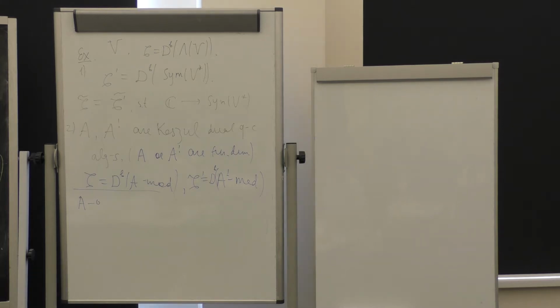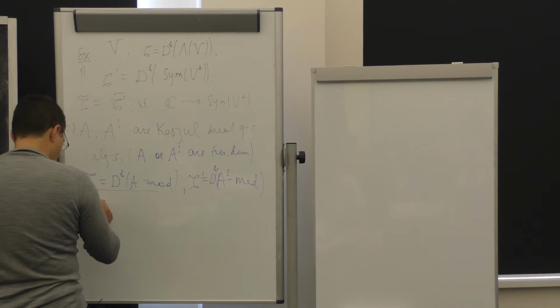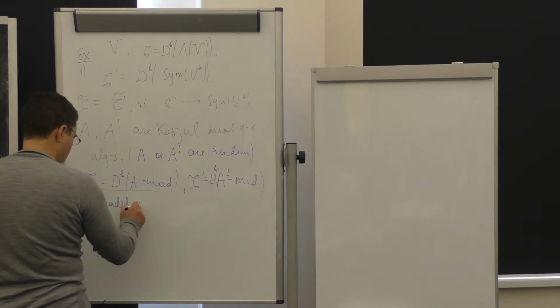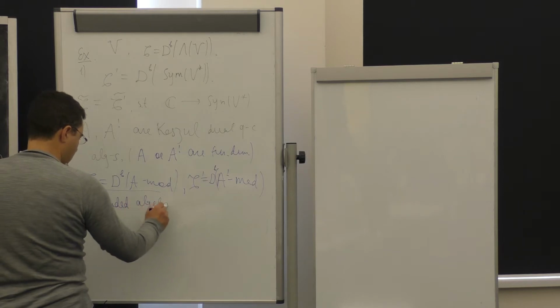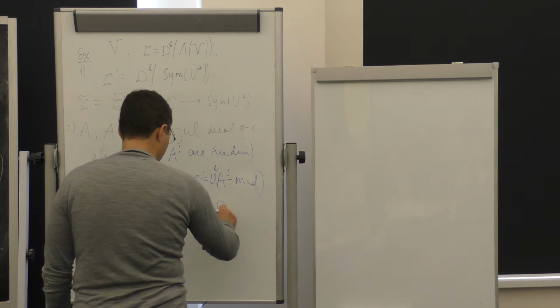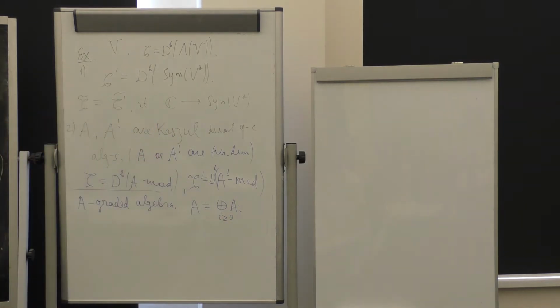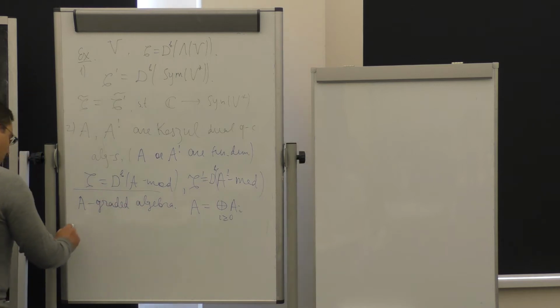It's the Koszul dual algebra. Okay, so I'll say what it is. A is a graded algebra. We assume non-negative grading, so it's the sum of A_i, and maybe we assume finite dimensional graded components.